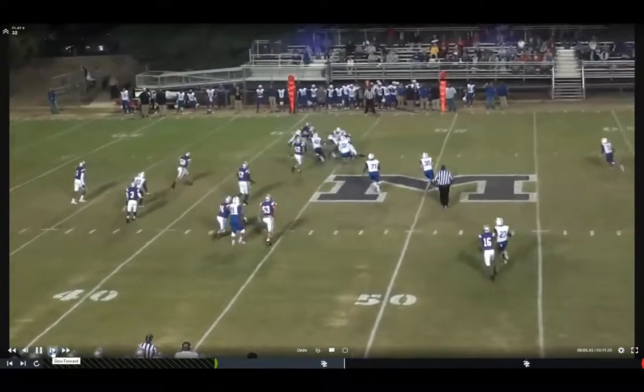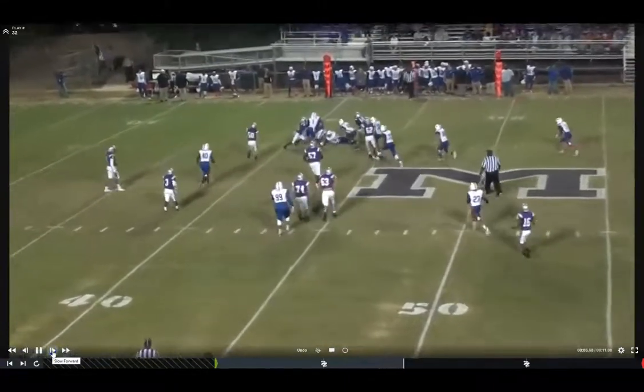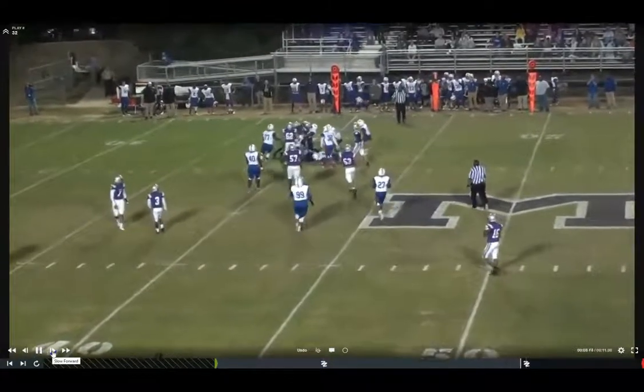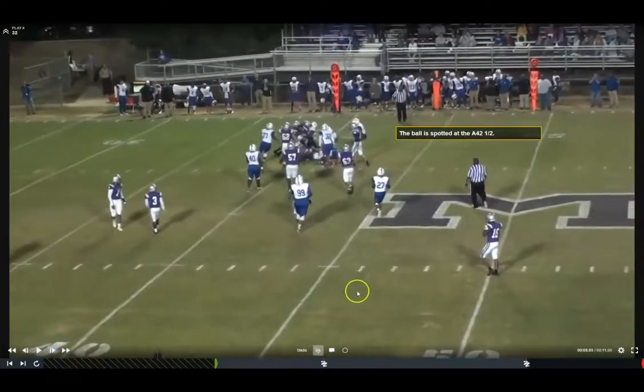He is at the 44 when he gets pulled back, and that's the forward progress spot. But we're spotting the ball at 42 and a half. We missed this spot by a yard and a half, so that's not that big of a deal. Yeah, it can be. The ball should have been spotted up here at 44. That was the forward progress spot. Again, let's give the offense what they get. Let's give the defense what they stop.